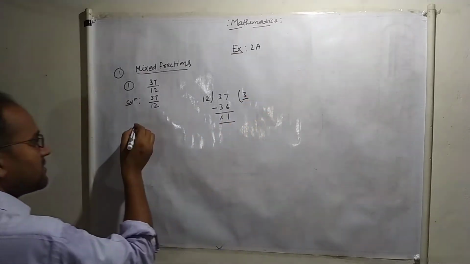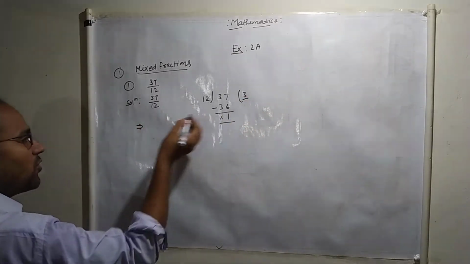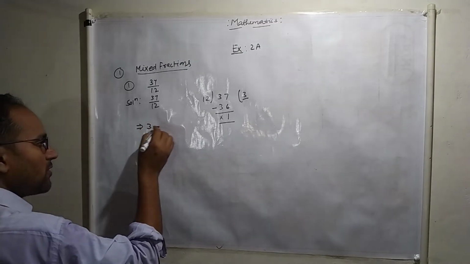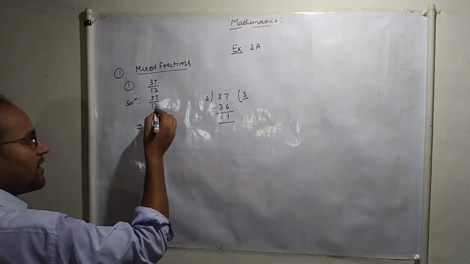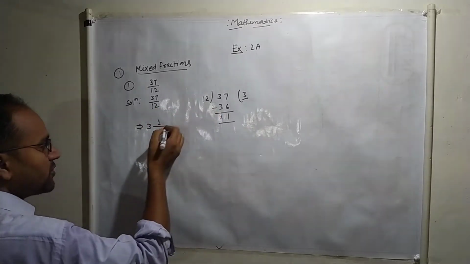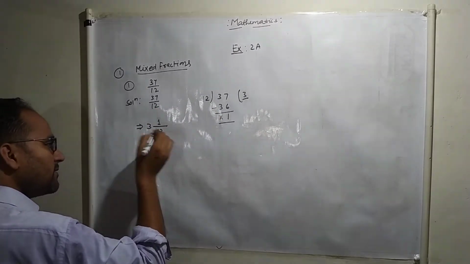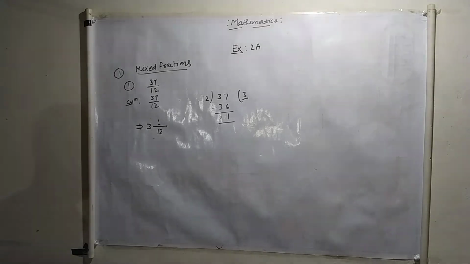This quotient is going to be written in the form of a whole, 3 whole. The remainder is going to be written in the form of a numerator, and that divisor I am going to write in the form of a denominator. So 3 whole 1 by 12.